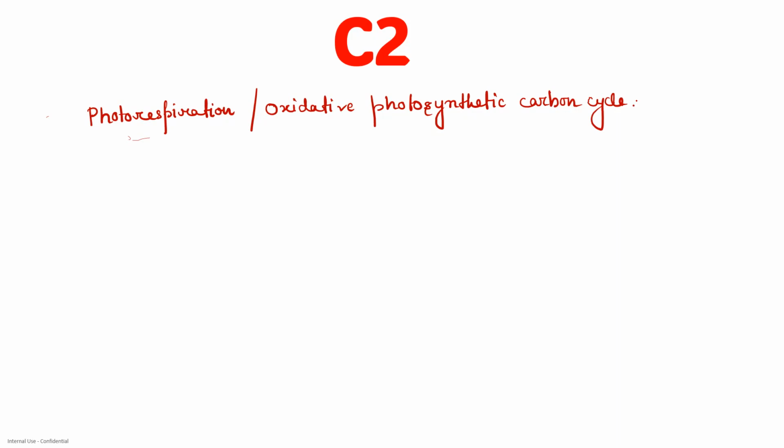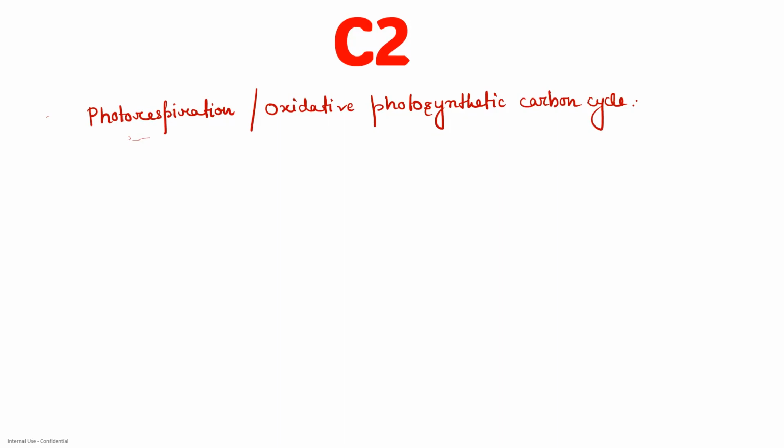So as we all know, this is a wasteful process. Why do we say that it is a wasteful process? Because carbon gets wasted here. 75% of carbon gets recovered and 25% gets lost.